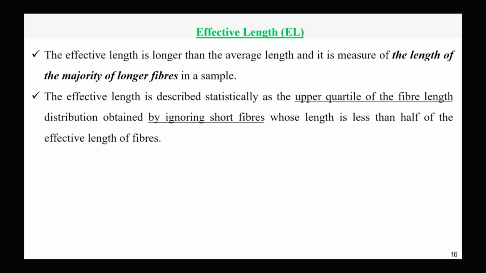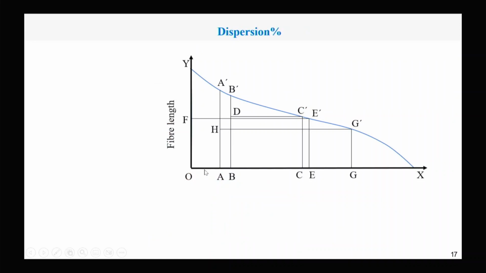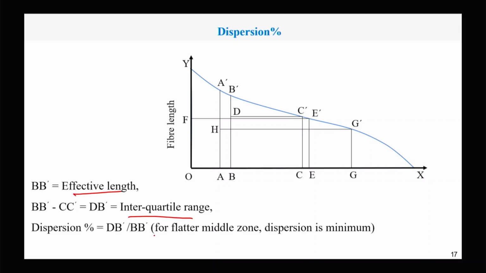Effective length we have already discussed; this is the second approximation, the upper quartile length of the fiber distribution obtained by ignoring the short fibers. And dispersion percent is the interquartile range divided by effective length.